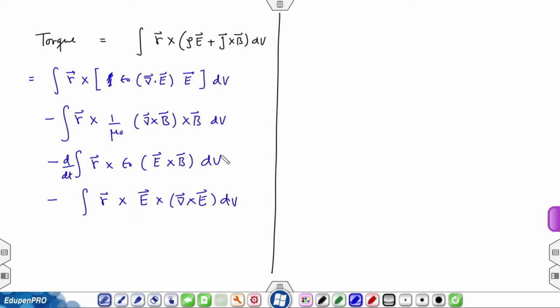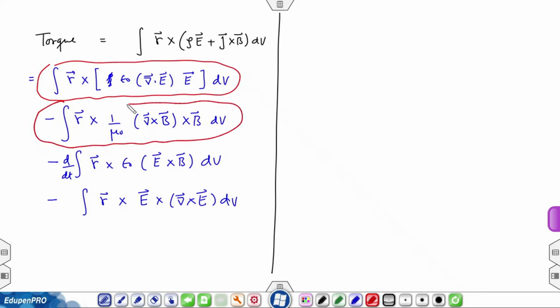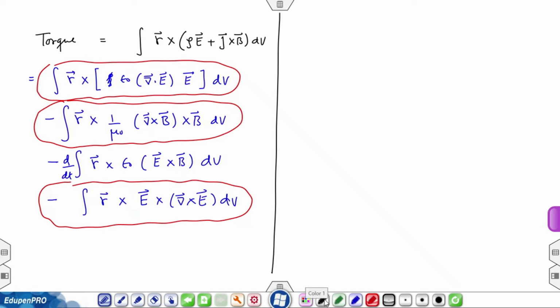And the 3 terms which I am encircling in red gave me the stress tensor.